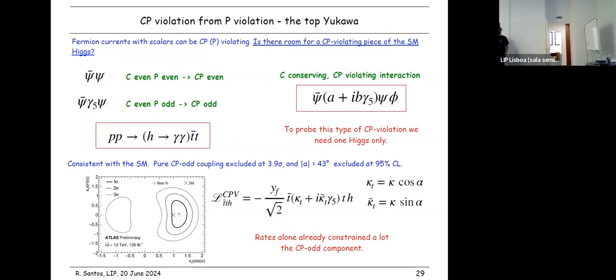Okay, so what have ATLAS and CMS been doing with this pattern? Well, the first direct measurement, and I think this is a landmark in the direct searches for CP violation, was done with the ttH with H going to gamma gamma. Now we also have H going to b bbar, and you see here the measurements of the P odd and P even components, and you see that this is like a blob here and here.